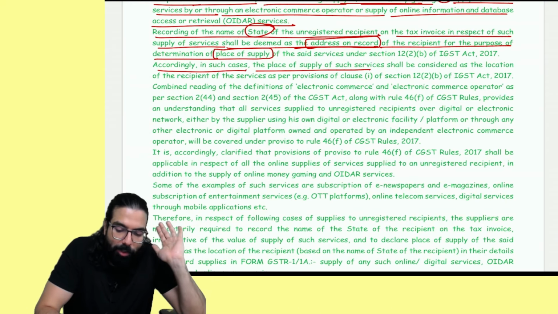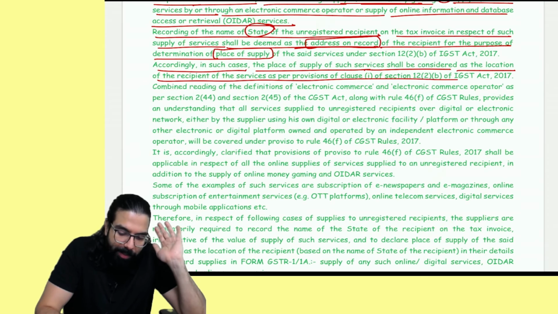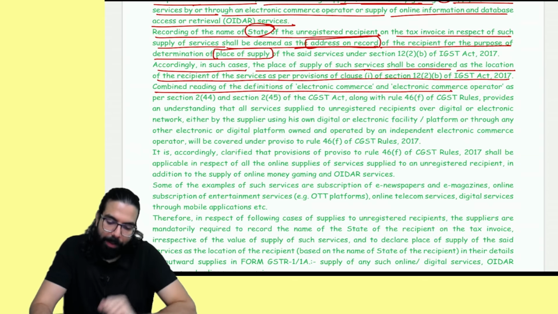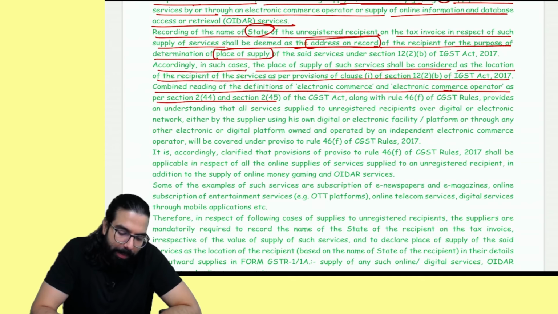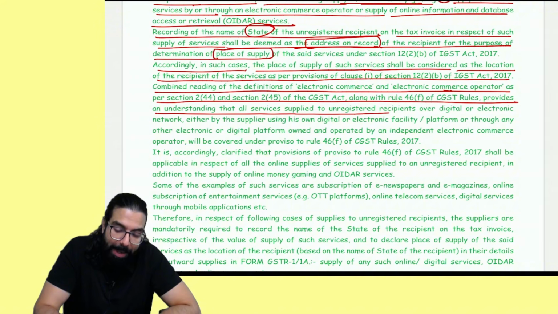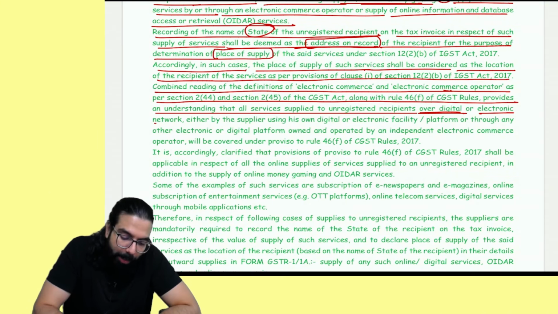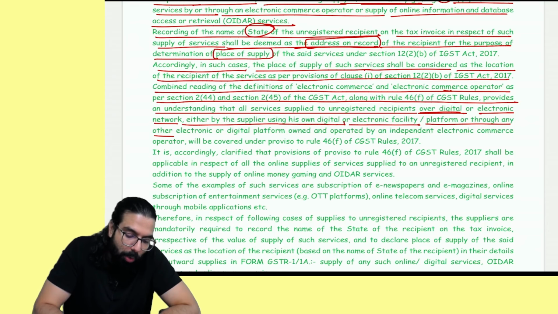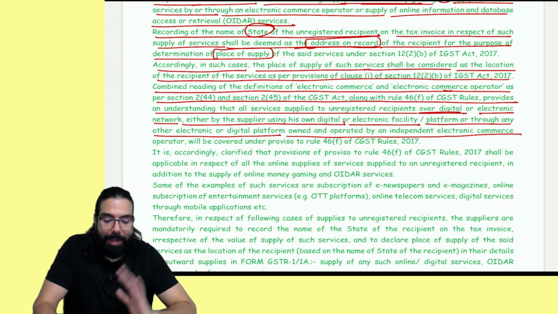Accordingly, in such case, the place of supply of services shall be considered as the location of the recipient of such service. Combined reading of e-commerce and e-commerce operator provides an understanding that all services supplied to an unregistered recipient over a digital or electronic network, either by the supplier using his own digital or electronic facility or platform, or through any other electronic or digital platform owned and operated by an independent person, will be covered under the proviso to 46F.